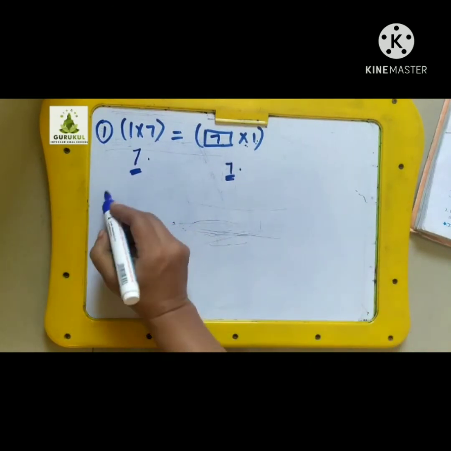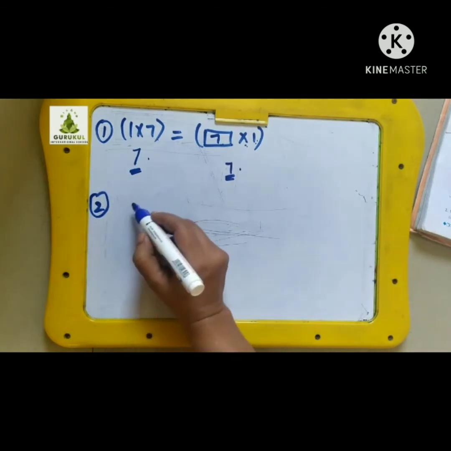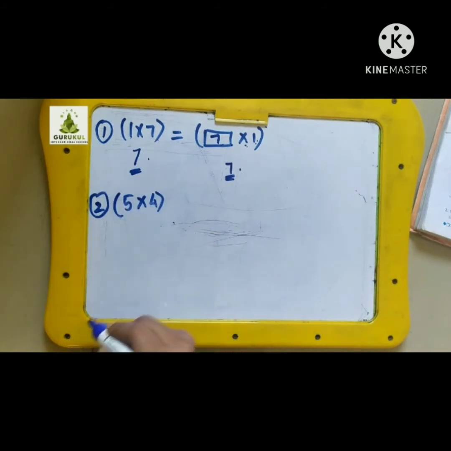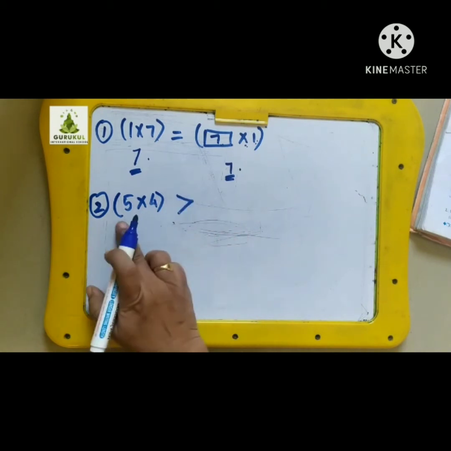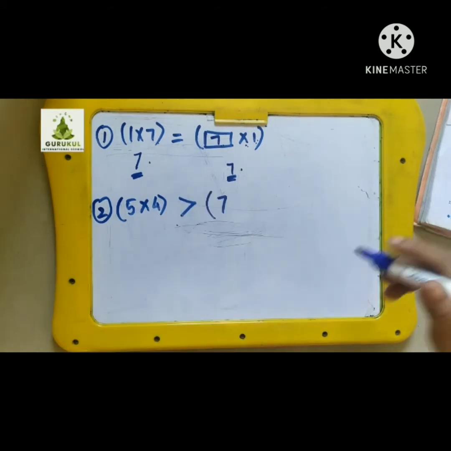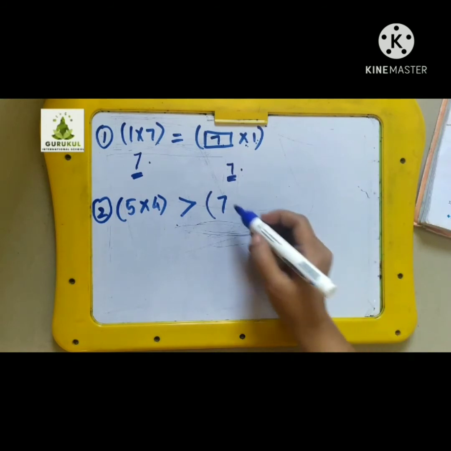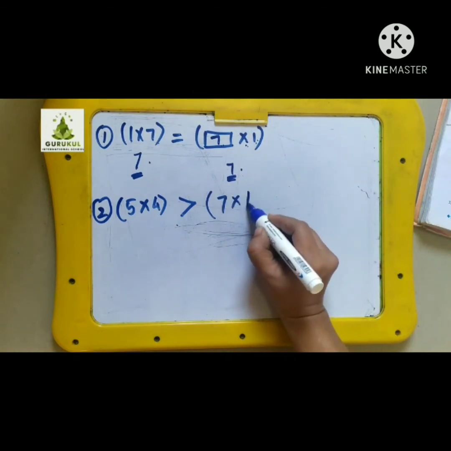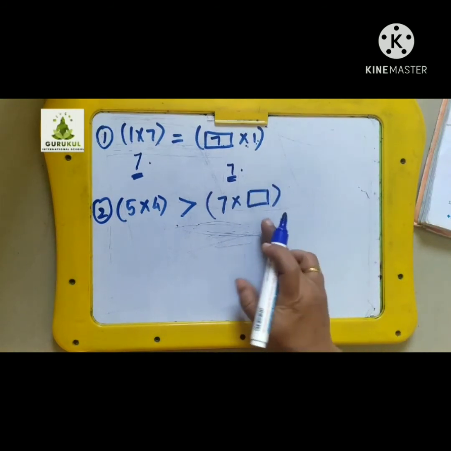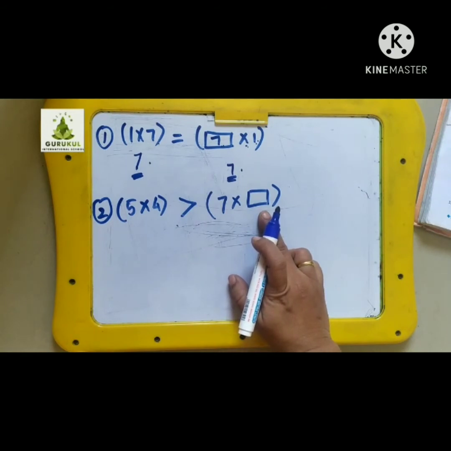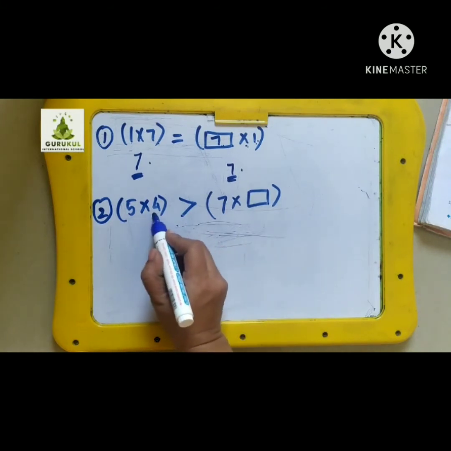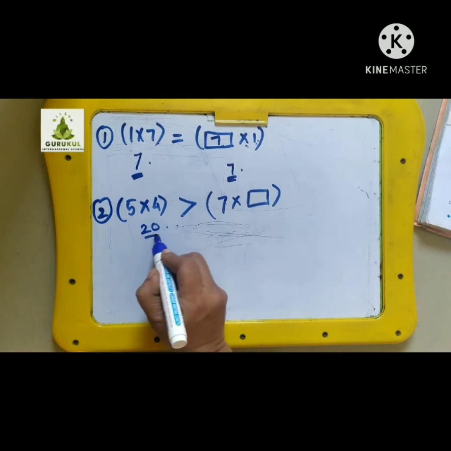Okay, then see the second one that you have, one left hand side expression as 5 into 4. Then it is said that this 5 into 4 is greater than 7 into some number. Okay, now here we have to identify what number will come in the box. Now 5 4s you get the answer as 20.